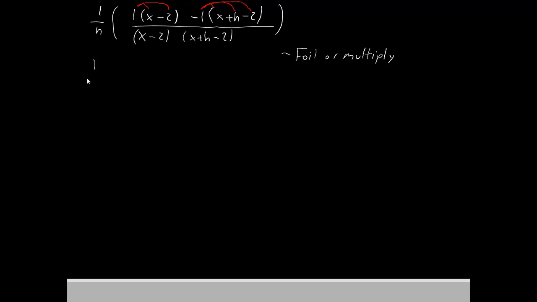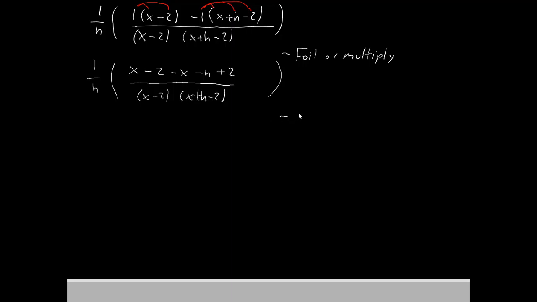So we'll still have 1 over h on the outside with a big parentheses. 1 times x is x. 1 times negative 2 is negative 2. Negative 1 times x is negative x. Negative 1 times h is negative h. Negative 1 times negative 2 is positive 2. The denominator will stay the same. It's still x minus 2, x plus h minus 2.